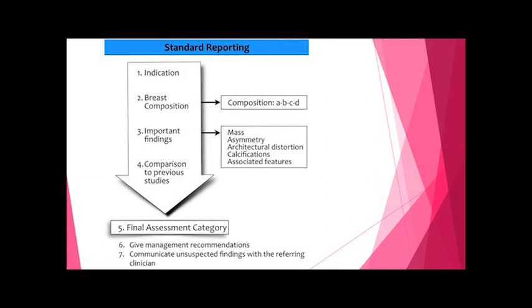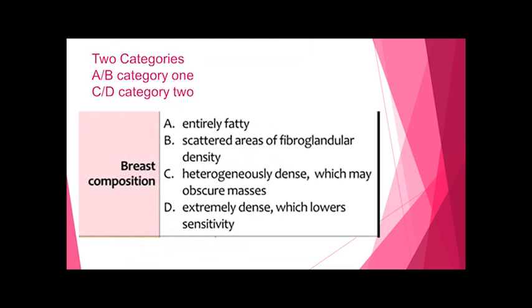Now in your standard reporting, it's all part of the accreditation process with density per se. Density levels have changed, which they state in the BI-RADS. We know we use the 2013 BI-RADS 5th edition compared to the 4th BI-RADS, which was 2003.